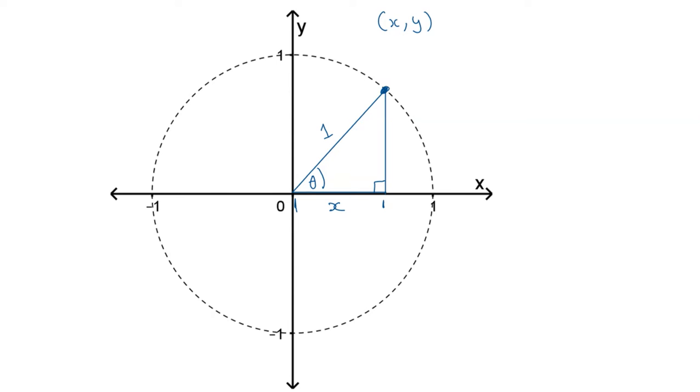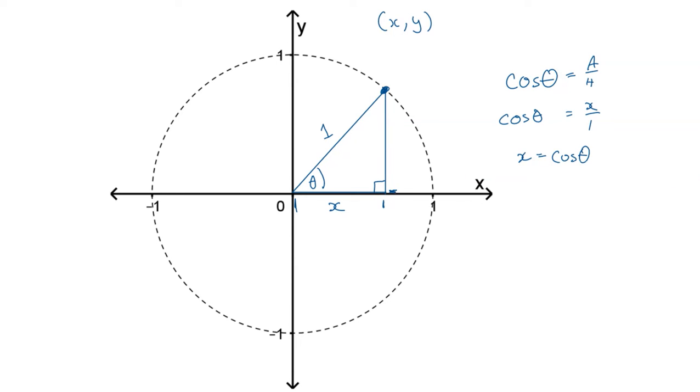Then using SOHCAHTOA, what is cosine of theta? Adjacent over hypotenuse, which in this case is, Maddie? X over 1, which means x equals cos theta.